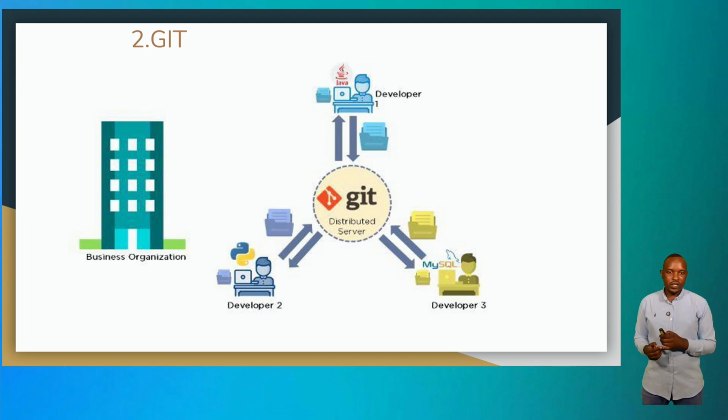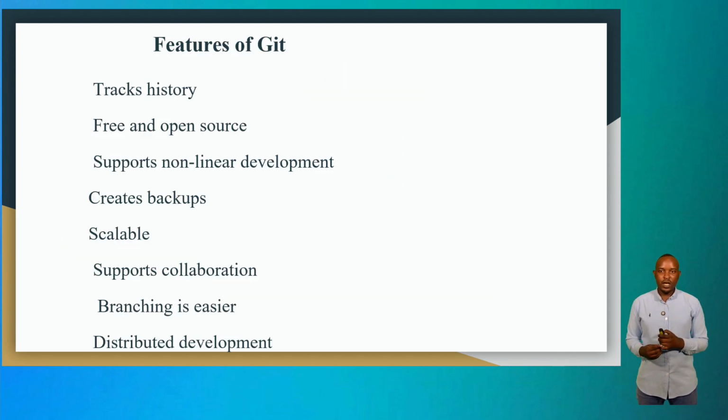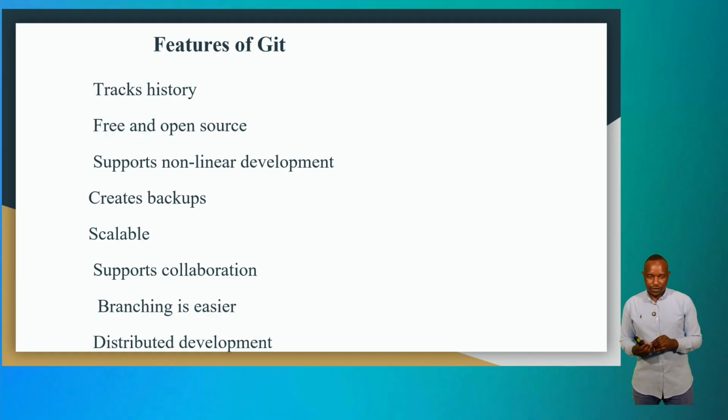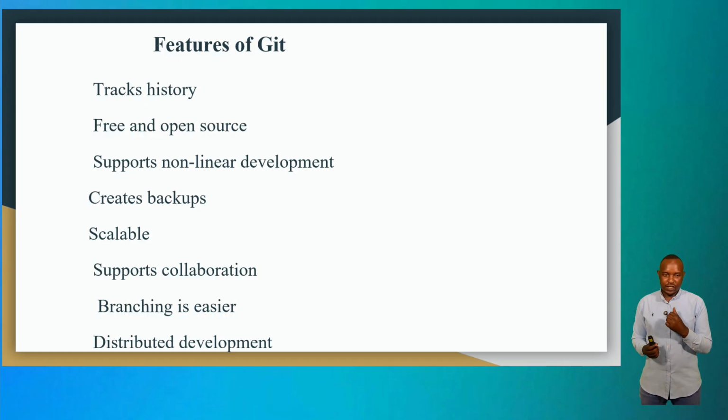Now let's go to some of the features of Git. One feature is tracking history. Using Git, we can get the history of what we have done at other times. Another feature is that it is free and open source, which means you can download and use Git for free, at no cost.